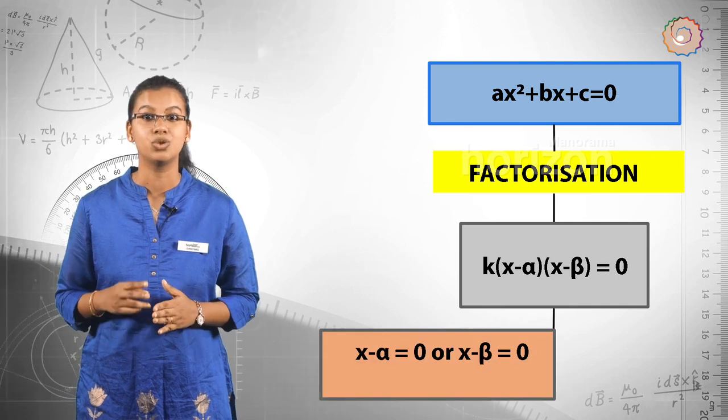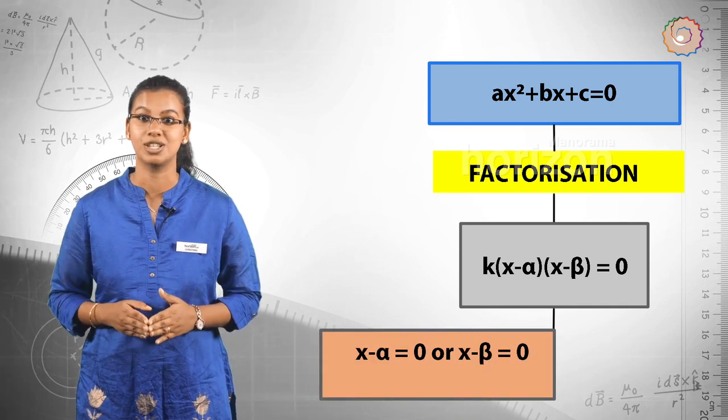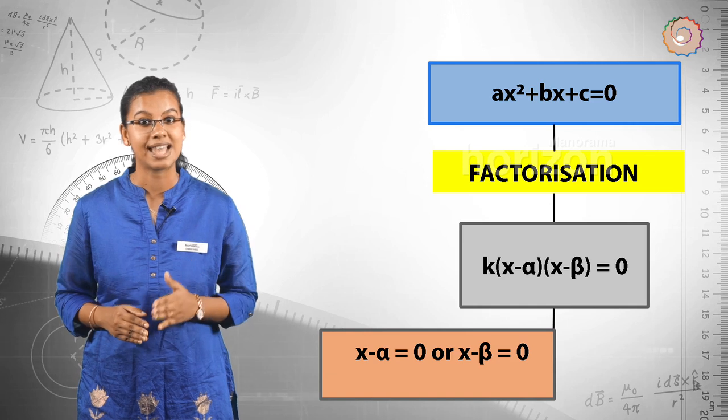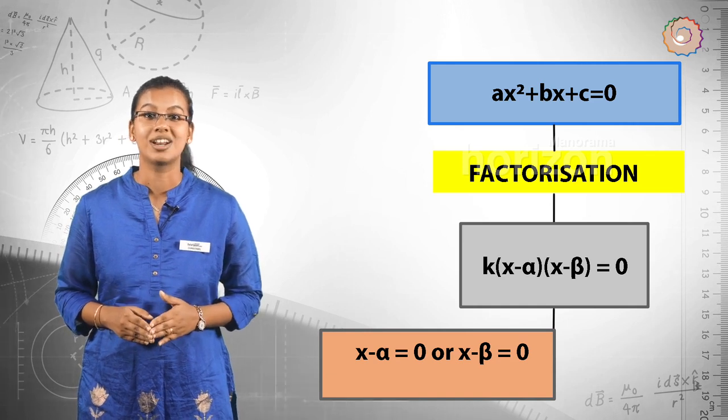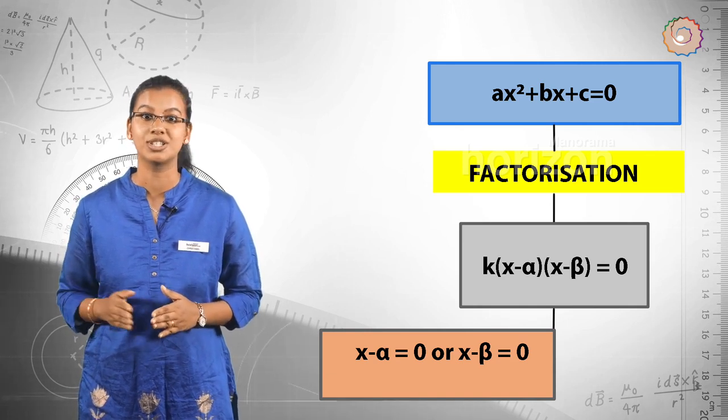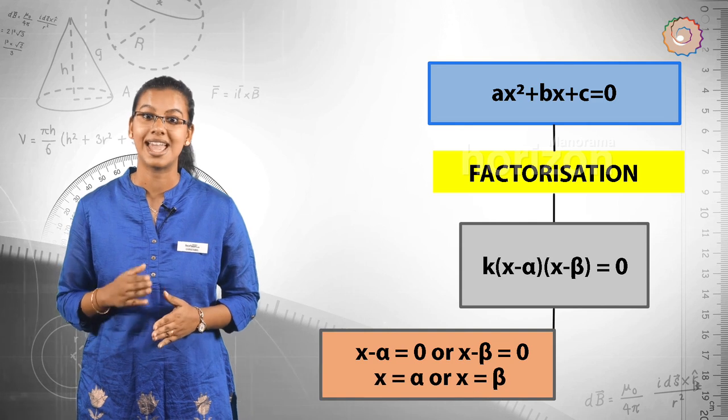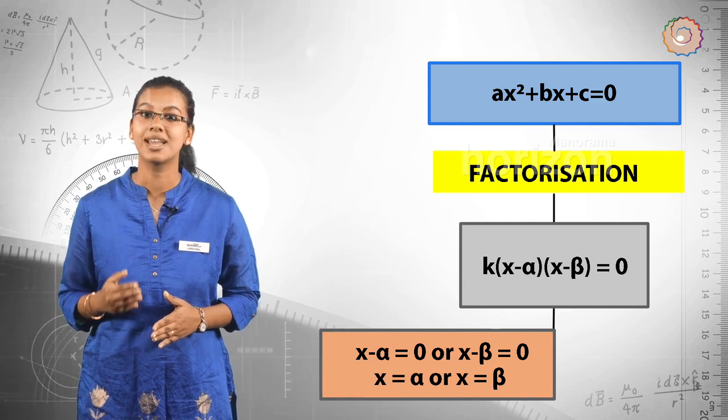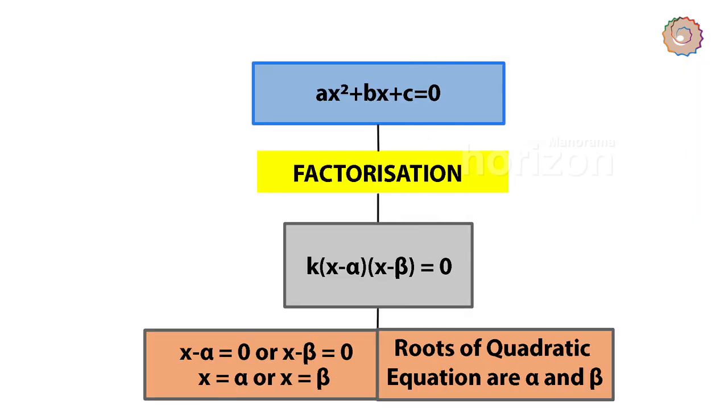Then either of the 2 factors can be equated to 0. So x - alpha = 0 or x - beta = 0, which means that x = alpha or x = beta. So the roots of the quadratic equation are alpha and beta. Now let's work this out in a couple of problems.